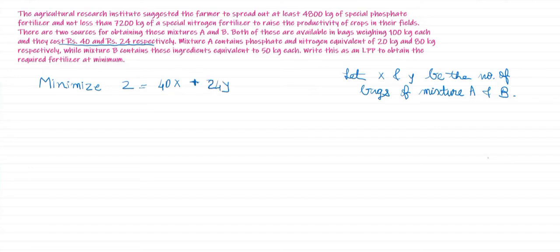Hence we'll take this as 40x plus 24y, because mixture A cost is 40 and for mixture B cost is 24. That's why we took it like this. Then we'll formulate the constraints.